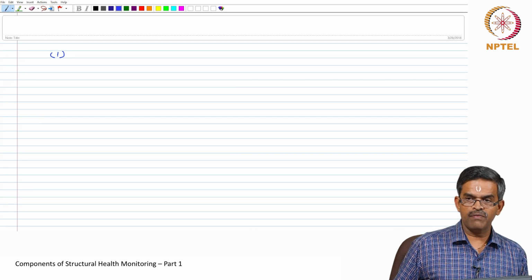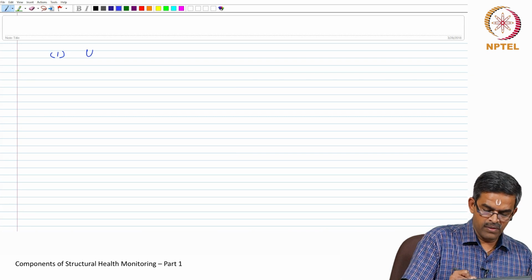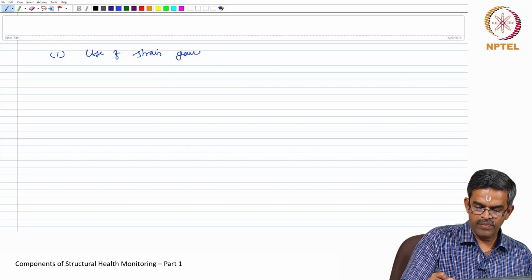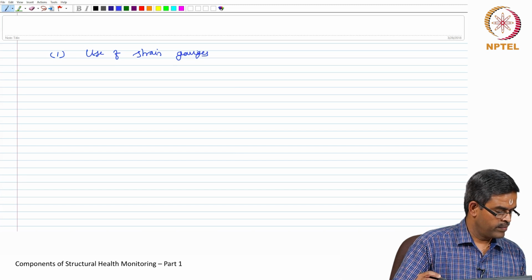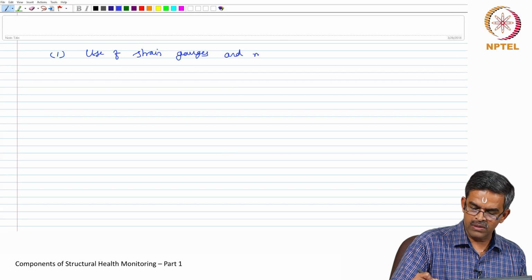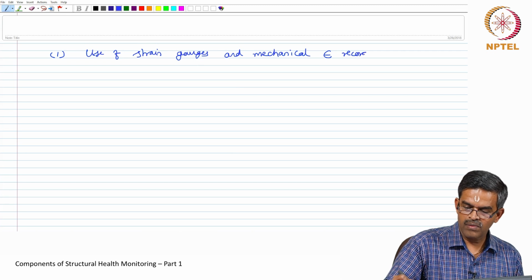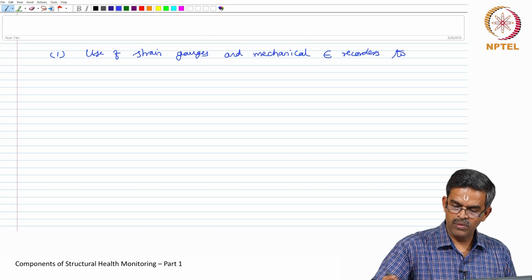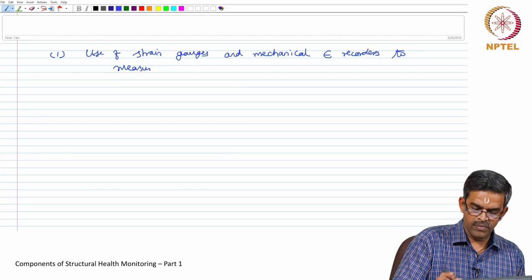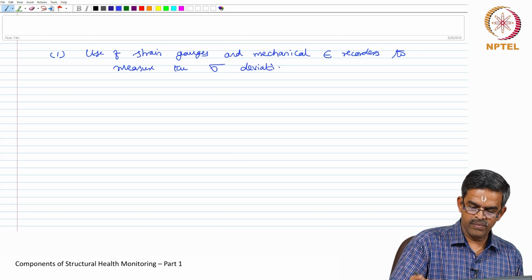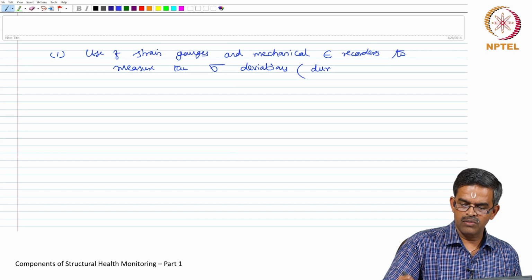So, what are the various tools by which this can be achieved? One of the methods by which this is achieved is the use of strain gauges and mechanical strain recorders to measure the stress deviations, particularly during the landing cycles.